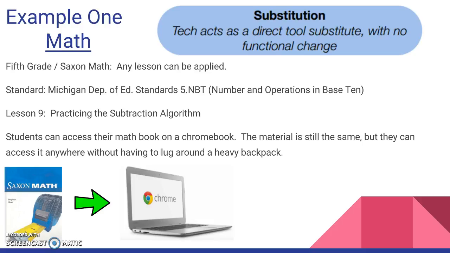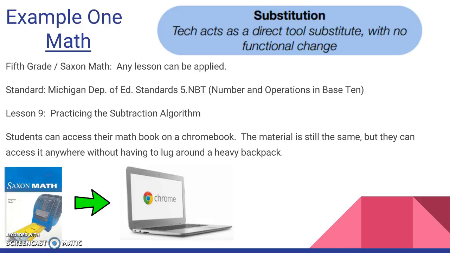Lesson 9 in Saxon is practicing the subtraction algorithm, and I'm going to show you how this can work through the SAMR model. Starting with S, substitution, meaning technology acts as a direct tool substitute with no functional change. In this lesson, just one way that this works, students can access their math book now on a Chromebook.